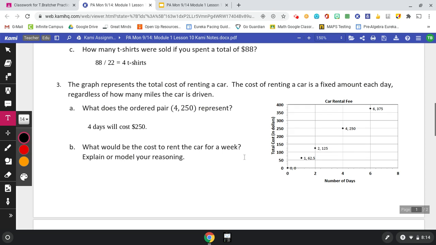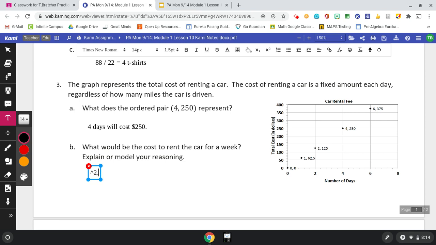In order to figure out how much it would be for a week, we probably want to know how much it costs for 1 day first. And if you noticed in this diagram, it does give us that point again. Remember, where the x value is 1, the y value is the constant. So that's $62.50 per day.